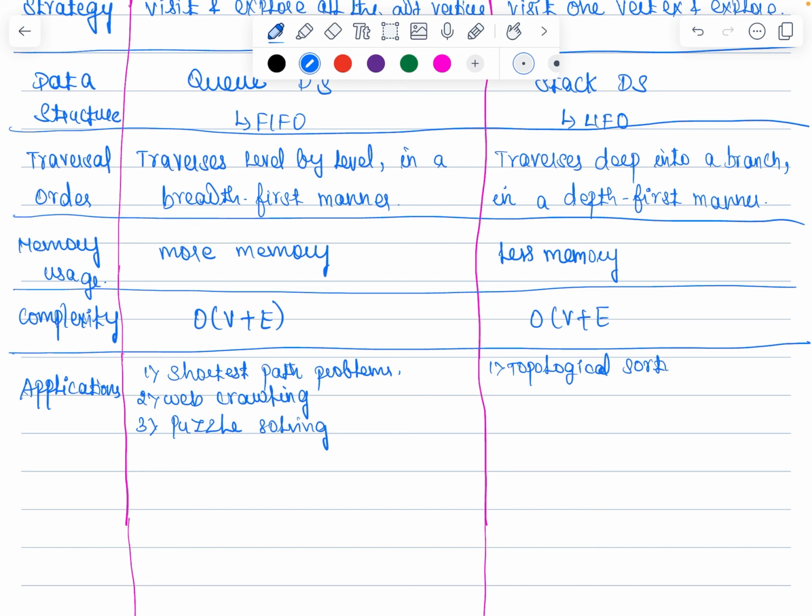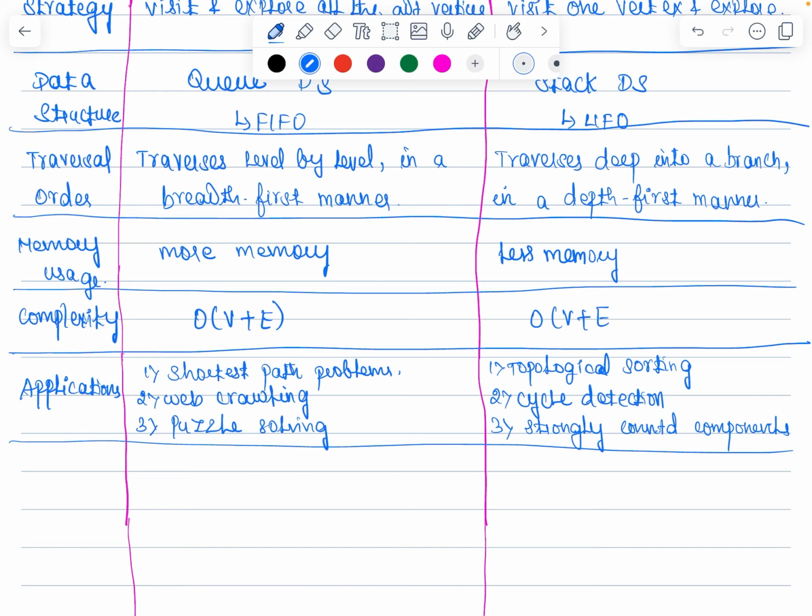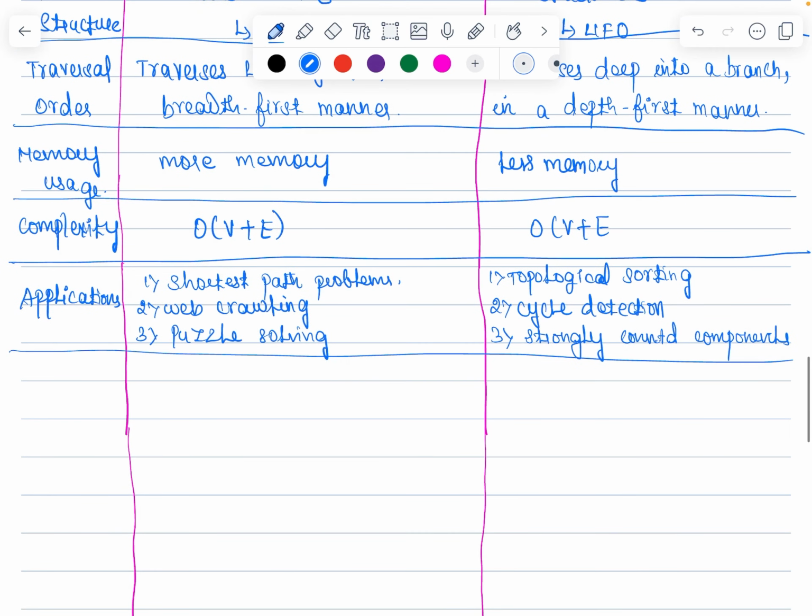One is topological sorting, the second is cycle detection, and the third is finding strongly connected components in a graph. These are the sample applications of BFS and DFS.